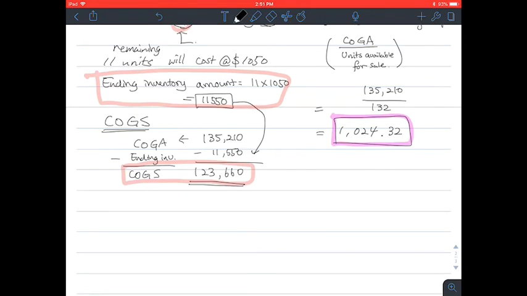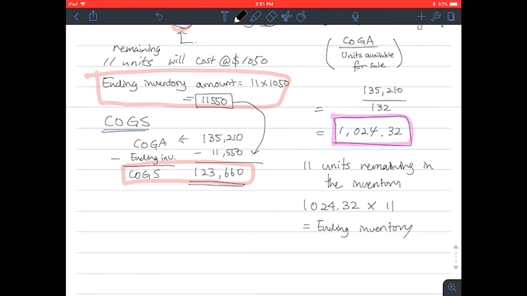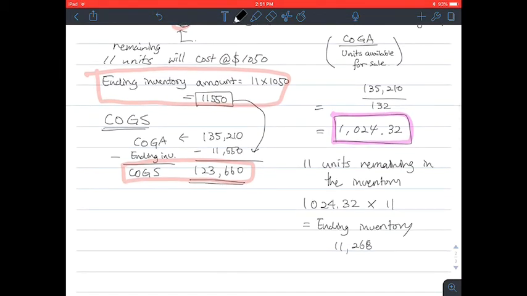We know that there are 11 units remaining in the inventory, and we simply multiply the ratio we just calculated by the units, and it will give us the ending inventory, which is what, $11,268. Okay.